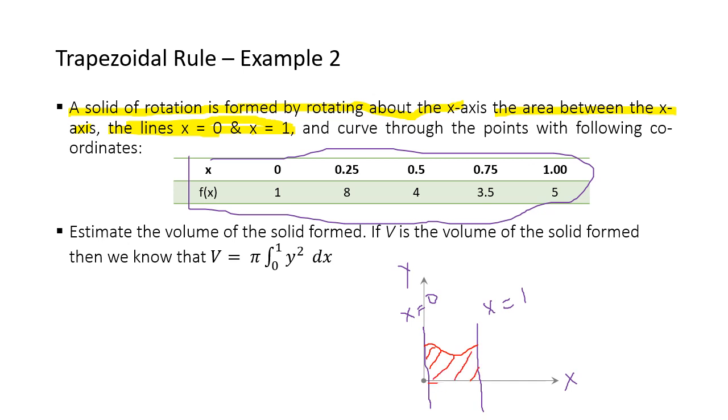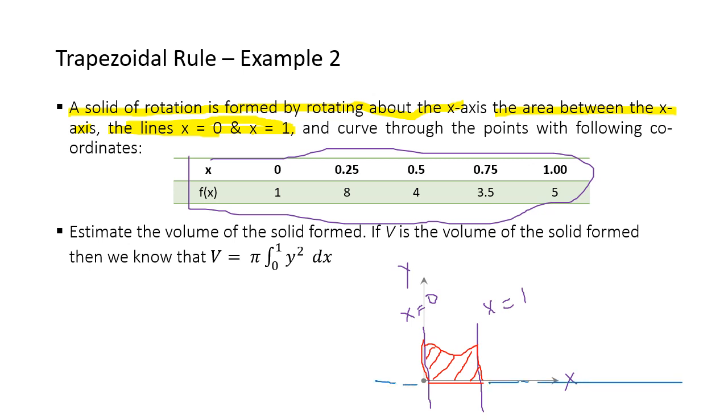That is just a curve I have drawn. It does not necessarily represent those data points; it may not be passing through them. It is just to show you how this solid of rotation is formed, and the x-axis is the axis of rotation.